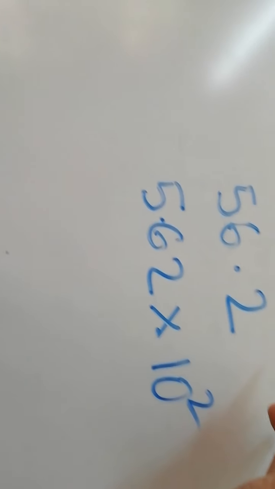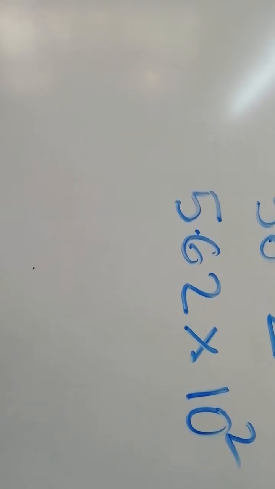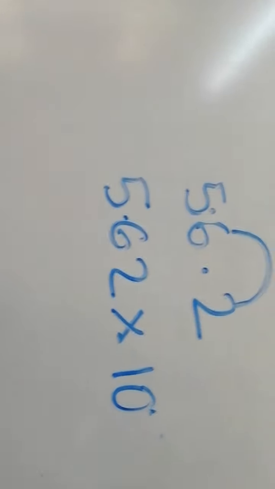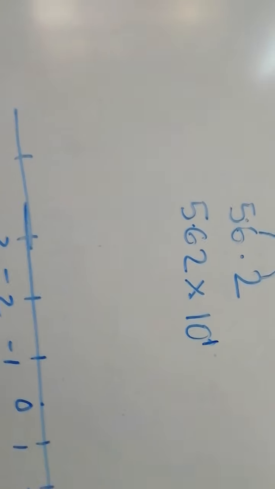But as there is a decimal like this, it will be what? Only 10 power 1, because we are going only one step forward, right? Because here we have put the decimal. So it will be into 10 power 1. Are you all with me till here?